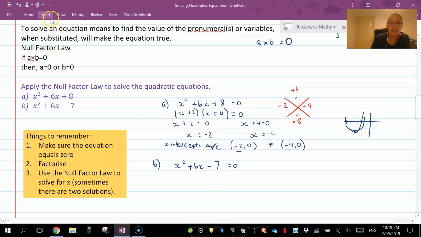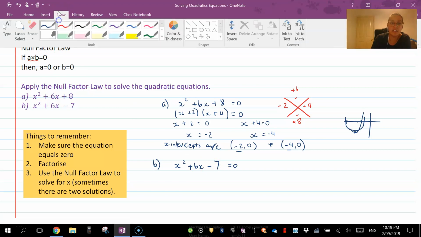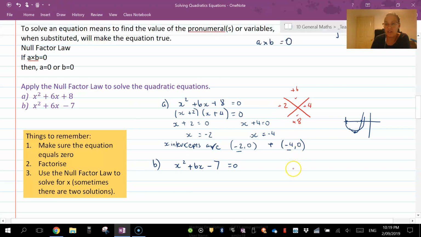All right, B. Writing out my formula, x squared plus 6x minus 7 equals 0. Looking for my factors that can help me out. Again, if you've got other methods that you like to use, by all means go with that. I'm looking for something that adds to 6 but multiplies to -7. 7's a prime number, so I know I'm going to have 1 and 7.